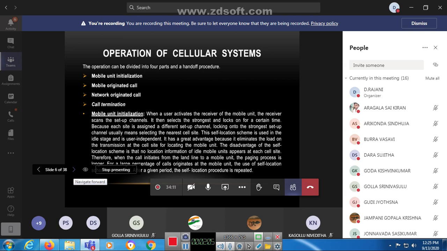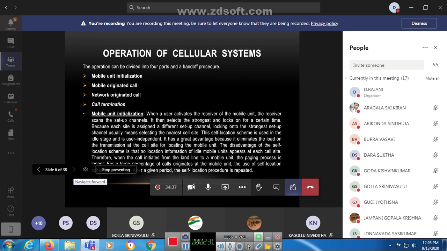Where to transmit the signals, that means in the initial state it initiates the mobile. After that, it scans and sets up the channel. What is the channel? I explained the forward voice channel, that is from the base station to the mobile station.